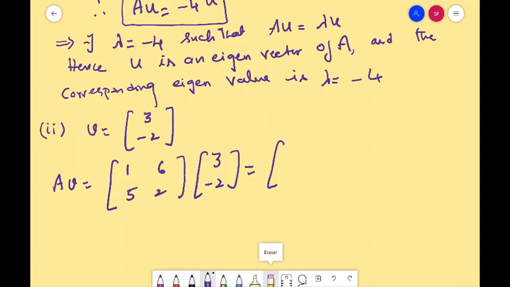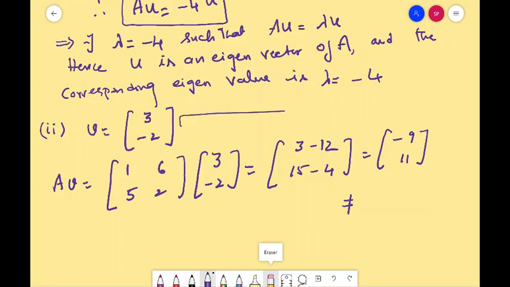If I multiply, I will get [3 - 12, 15 - 4], which is equal to [-9, 11], and you cannot write it as a multiple of [3, -2]. So it is not equal to any lambda into [3, -2].